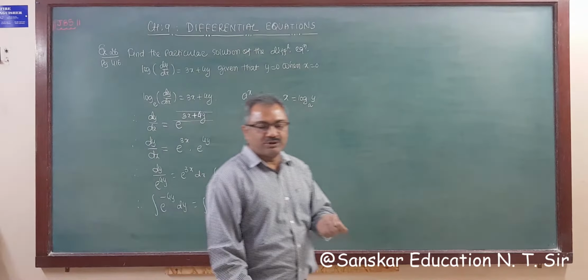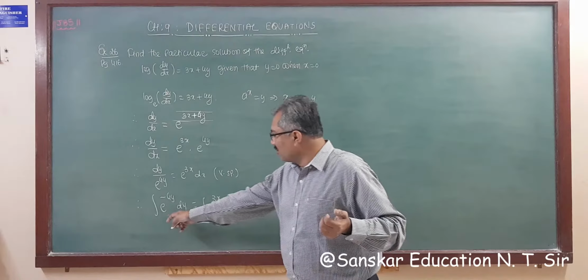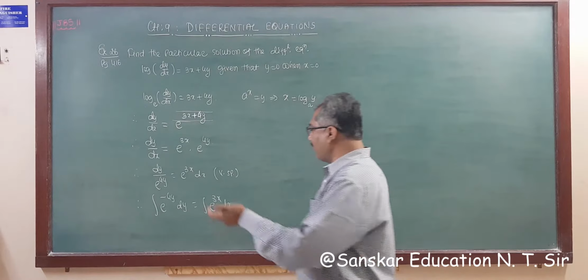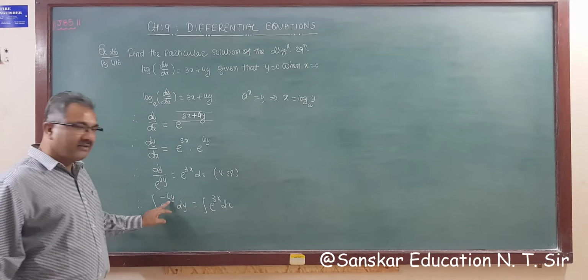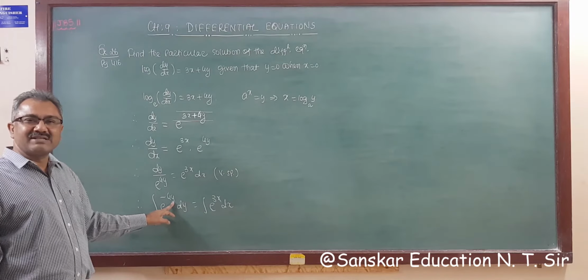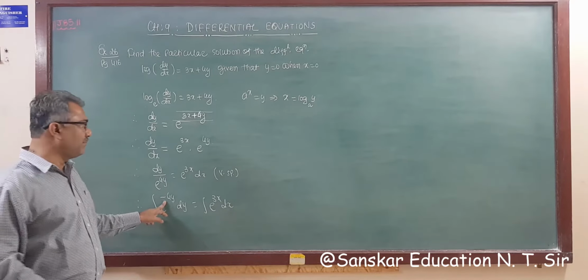So this is your question for integration. Now integration of e raised to x is known, but the power of e is minus 4y, so the coefficient of y is minus 4 and we have to divide by minus 4.